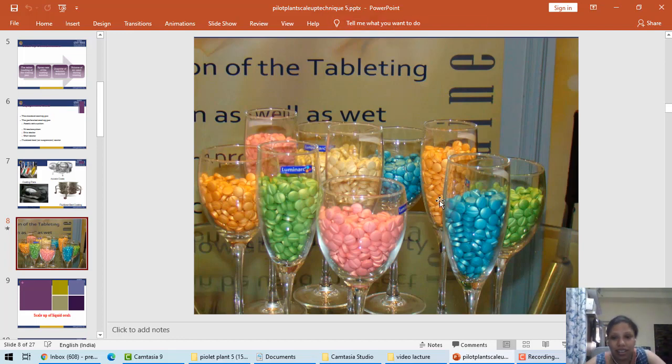Now here you can see very shiny and very colorful coated tablets. So you can coat any type of tablet, you can coat any color in the tablet.